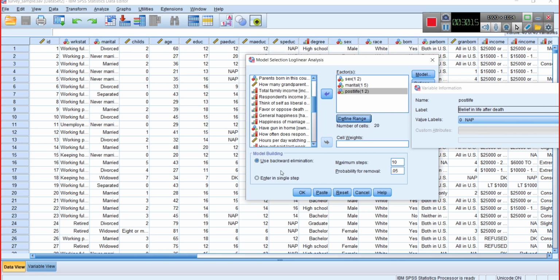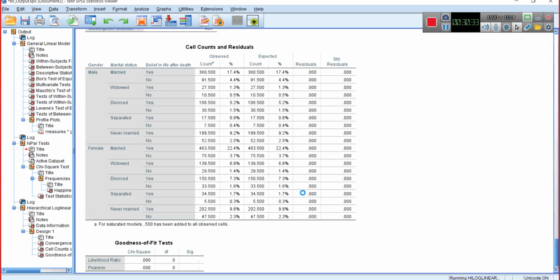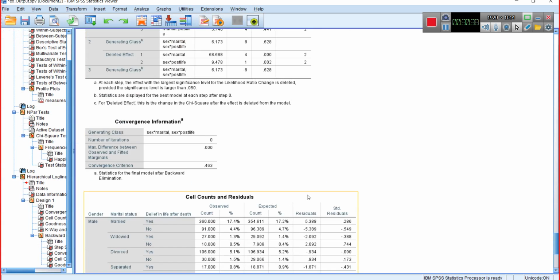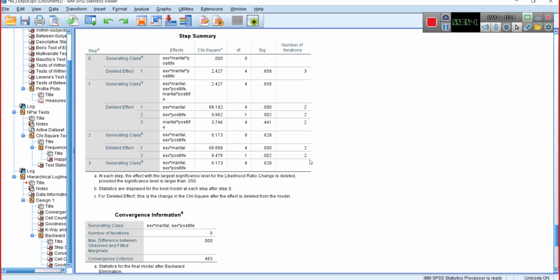When you use models like backward elimination, the process of multivariate discrete analysis is done automatically through SPSS, and if you simply press OK, you are going to have a step summary that in the last step tells you that the combination of two variables is significant.